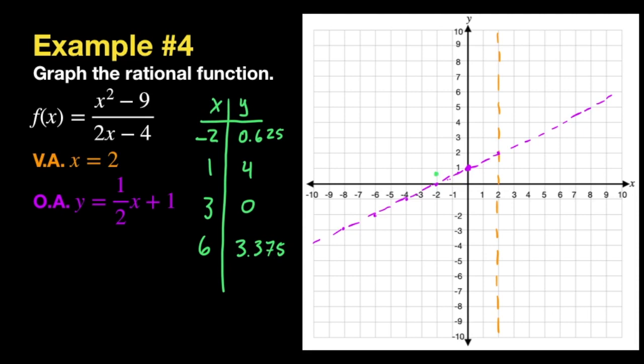And then at 1, we have the y value is at 4. So our graph is going to look something like this. And at 3, we have 0. And at 6, we have 3.375. So it's going to be closer to the oblique asymptote right there.